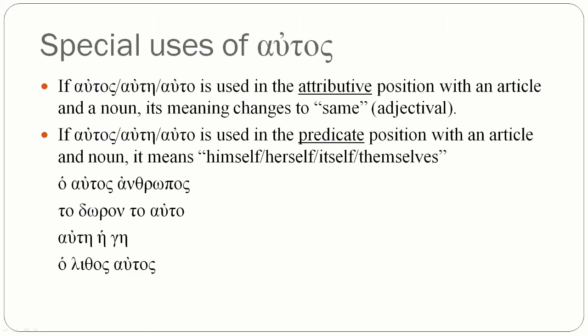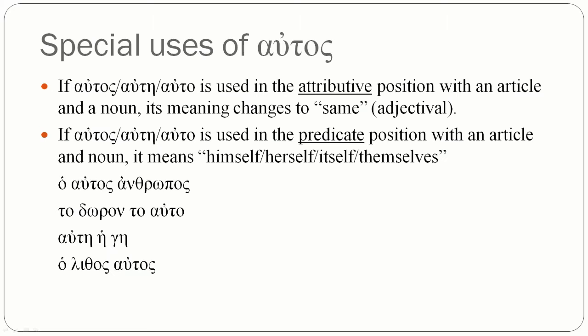On the other hand, if autos is used in the predicate position, outside of the article-noun group, but it is used in conjunction with an article and a noun, it now means himself, herself, itself, or themselves. Once again, attributive and predicate means that autos must agree in gender, number, and case with the article and the noun that it is associated with.